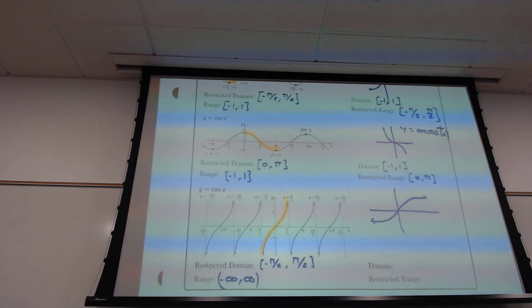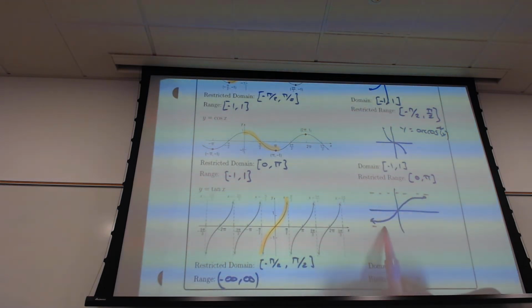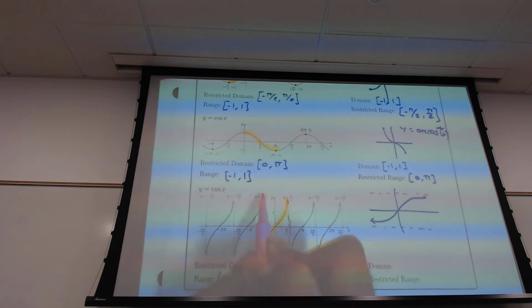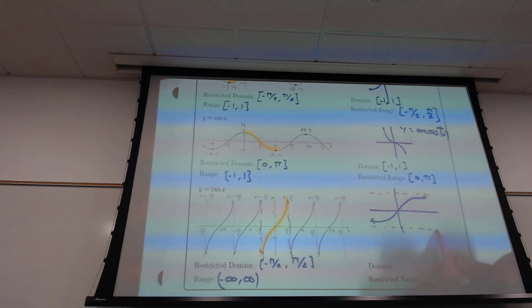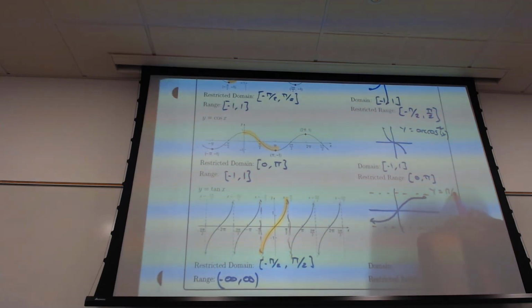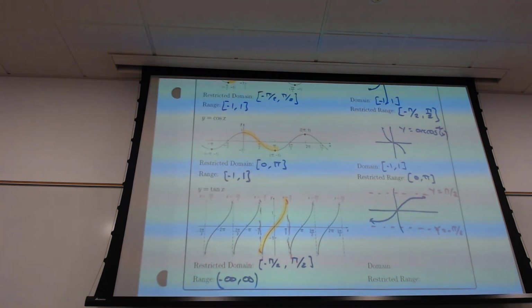For this inverse function, those vertical asymptotes become horizontal asymptotes at the same values as they were in the original function. In this case, it's y equals negative pi over 2 and y equals pi over 2. So for the domain, it is all real numbers.